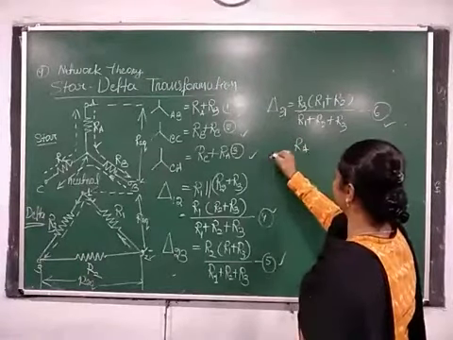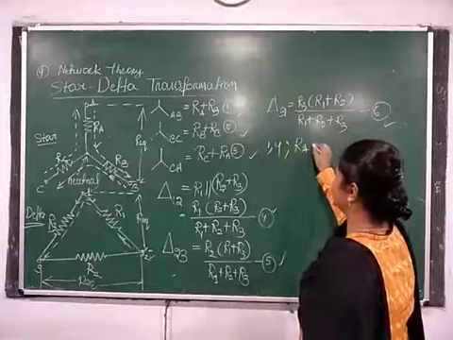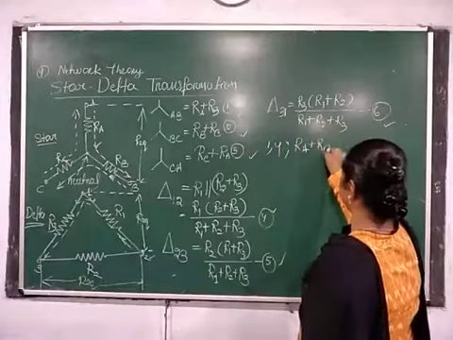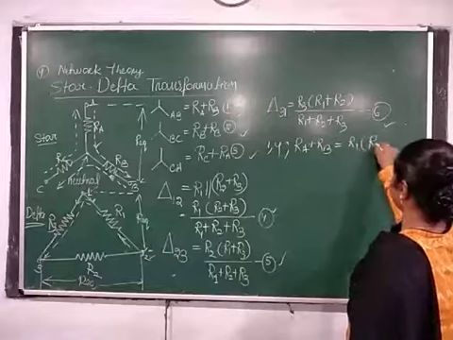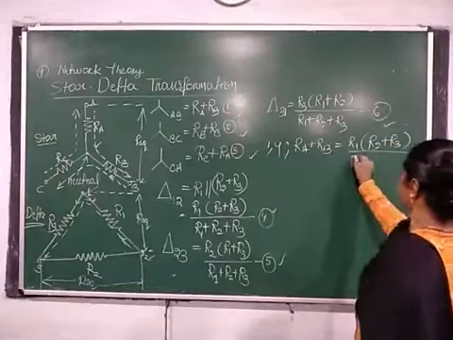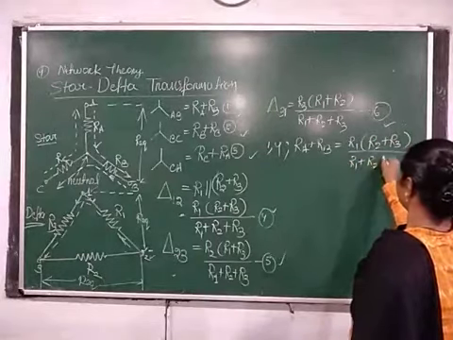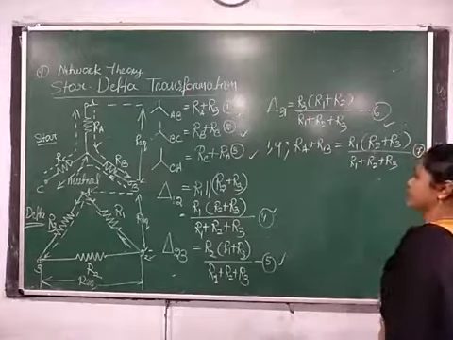From equations 1 and 4, RA plus RB is equal to this; take it as equation number 7.